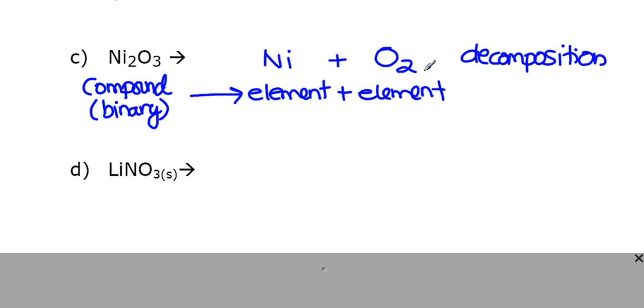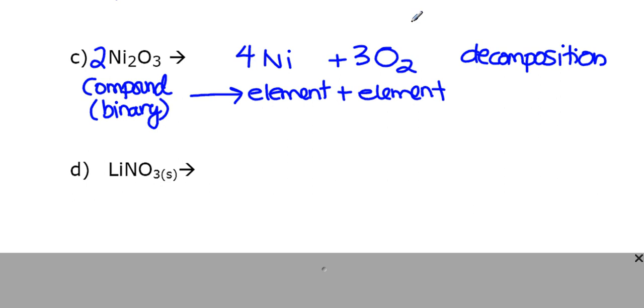Now that I've got that in there, I know I have decomposition, my compound's broken apart into 2 elements, then I need to balance the equation. It's definitely not balanced as is. So if I want to balance this one, I would need to put a 2 here, a 4 here, and a 3 here, and then everything would be balanced.